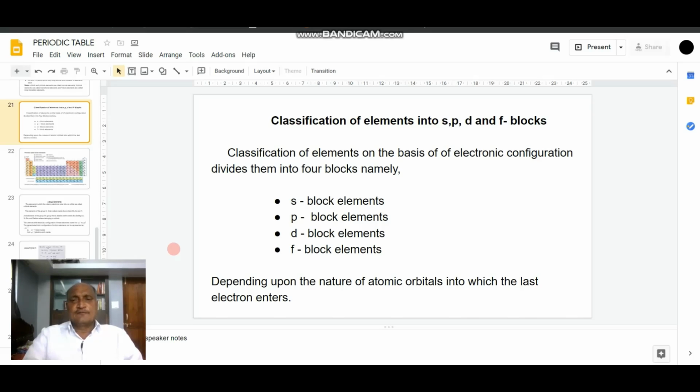The classification of elements on the basis of electronic configuration divides them into S block, P block, D block and F block elements, depending upon the nature of the atomic orbital into which the last electron enters.